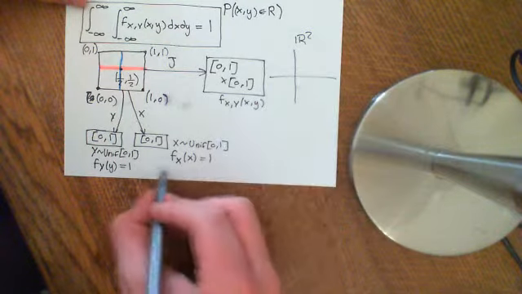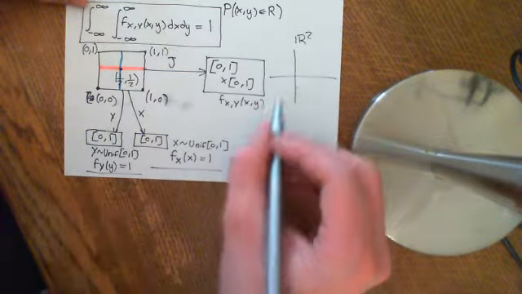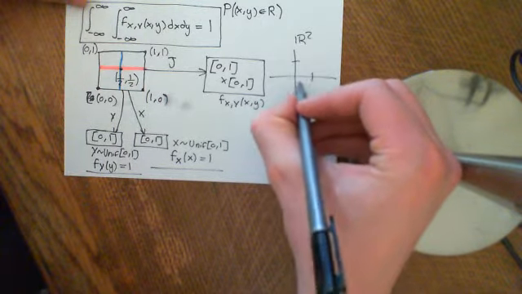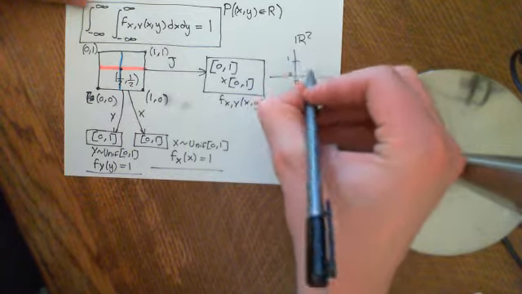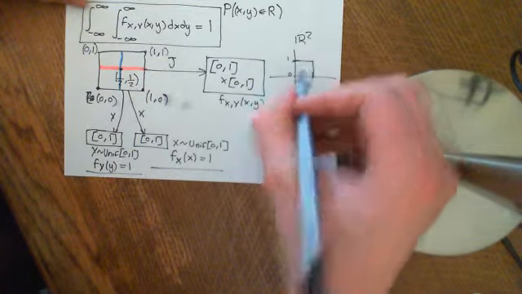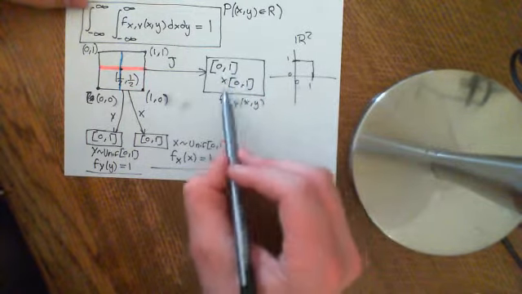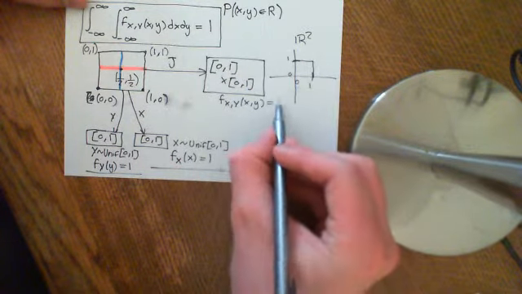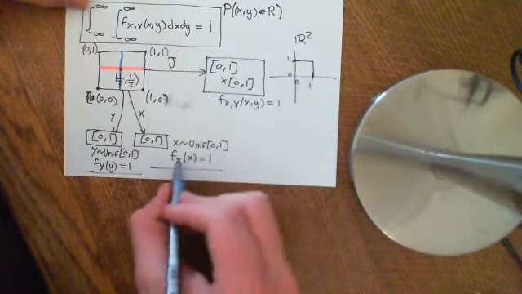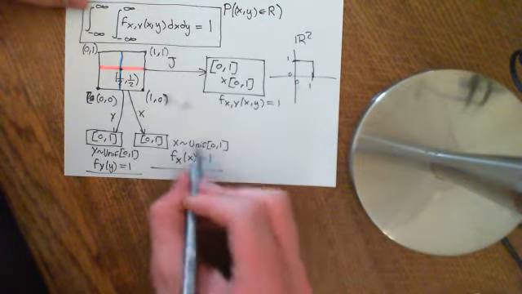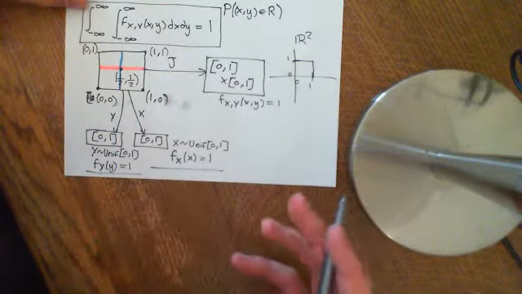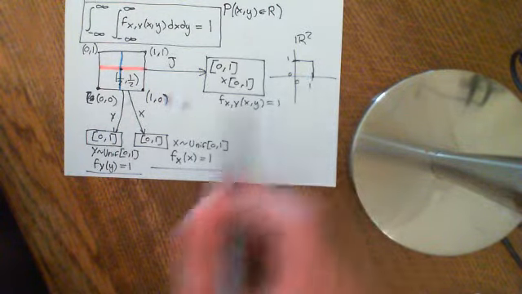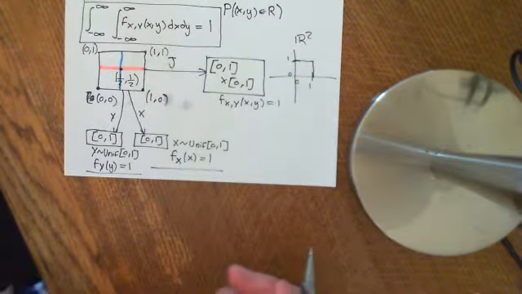Each of these marginal PDFs is just a function on R1, whereas the joint PDF is a function on R2, and it's ascribing to every single point on the square 0, 1 cross 0, 1 the value 1, and everywhere else it's ascribing 0. Similarly these are only ascribing 1 to the values between 0 and 1, and 0 everywhere else. What we would like is a way of going from this back to this. So there is a way of doing that, basically.